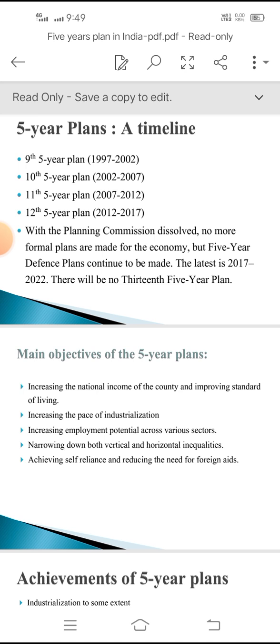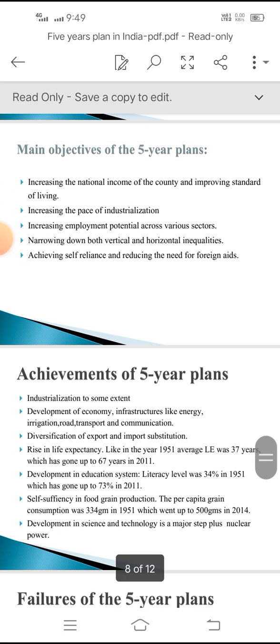You know one thing, just recall the present stage of the Indian economy. So we have a clear route and a clear vision. What are the efforts, and how much impact did they have on the socio-economic, political and cultural changes after introducing the 5 year plan in India? So we have a lot of changes, particularly the achievements of the 5 year plan, industrialization to some extent.